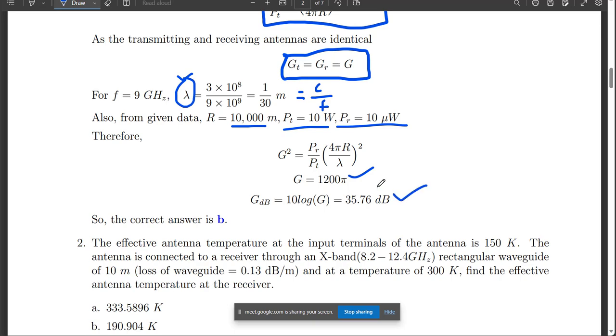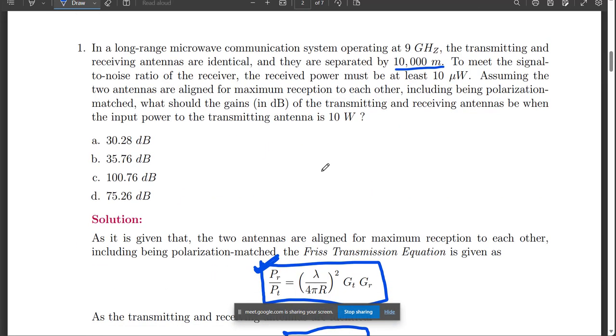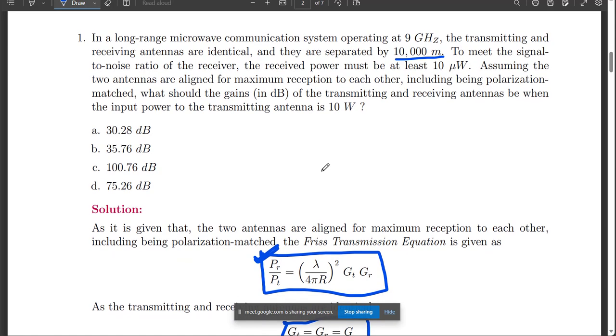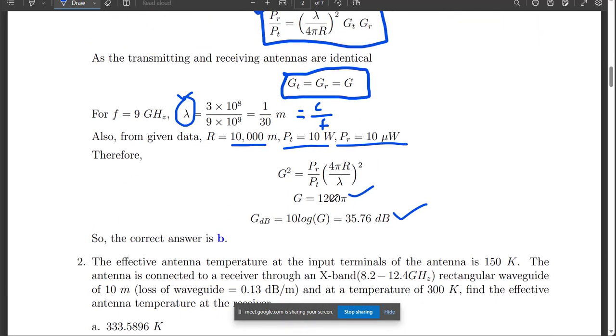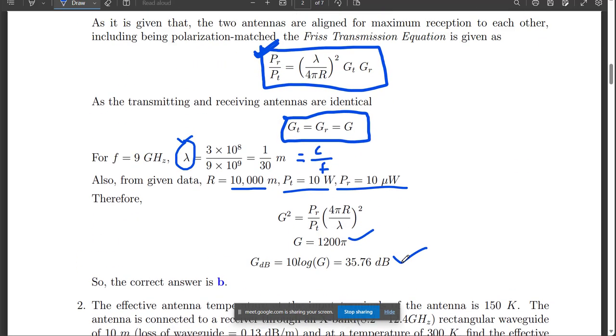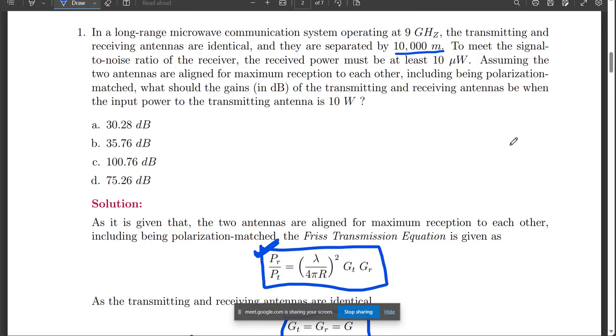So here, one thing you will notice is that we use dB for gains. Even for antenna, for gain purpose, we use dBi.